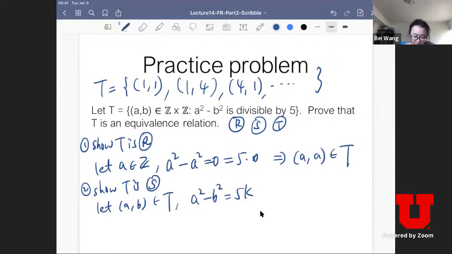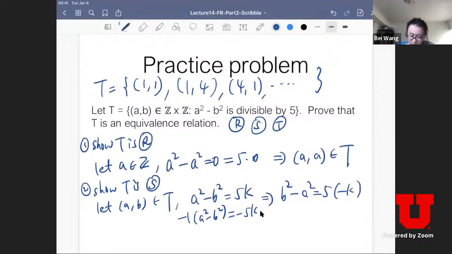Multiplying by minus 1 on both sides gives b squared minus a squared equal to 5 times minus k. Because k is an integer, minus k is also an integer. So b squared minus a squared is 5 times some integer. This implies (b, a) is in this relation.